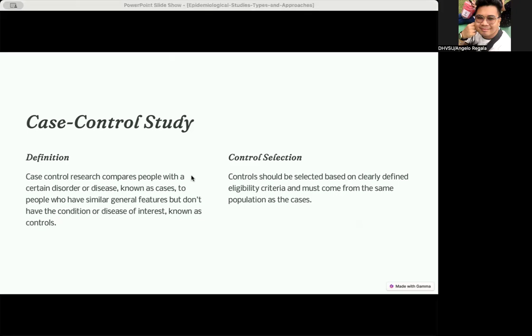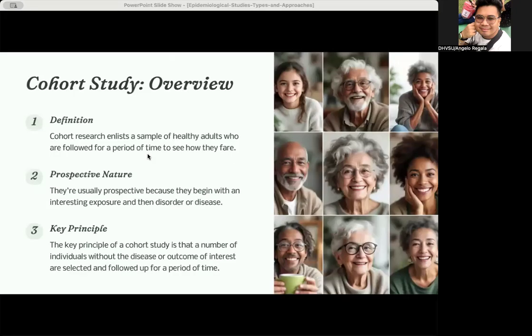Okay, so you select controls based on the eligibility criteria from the same population.